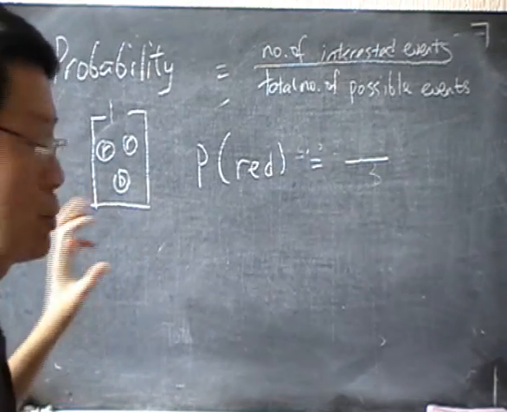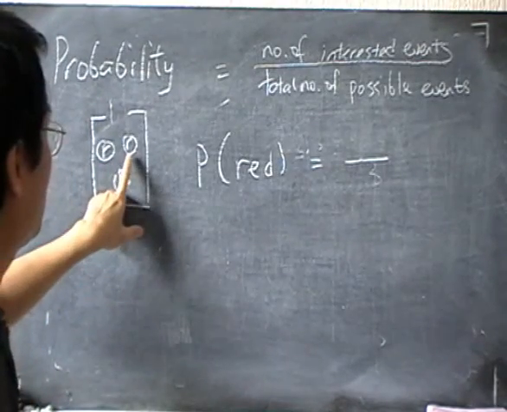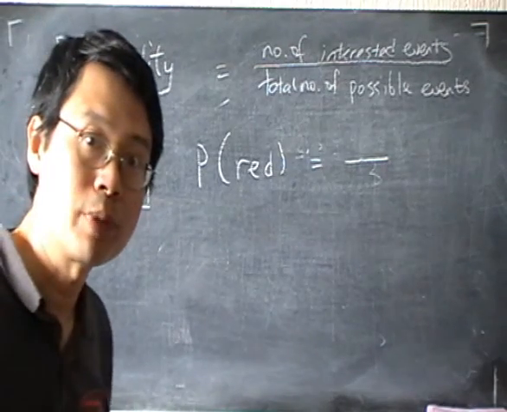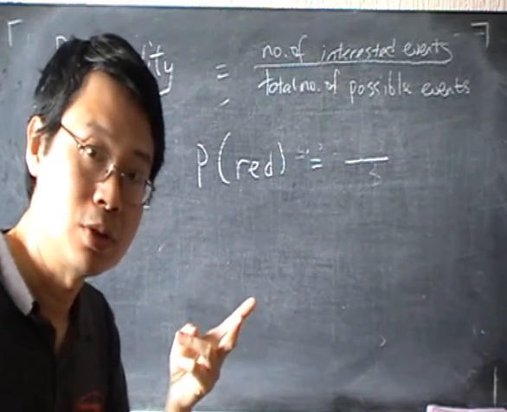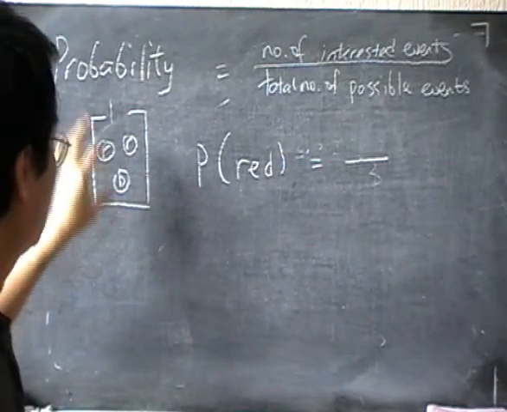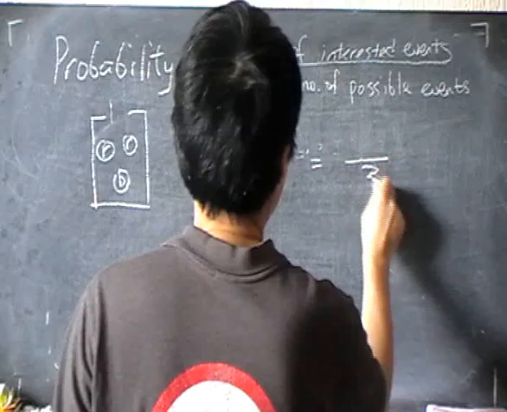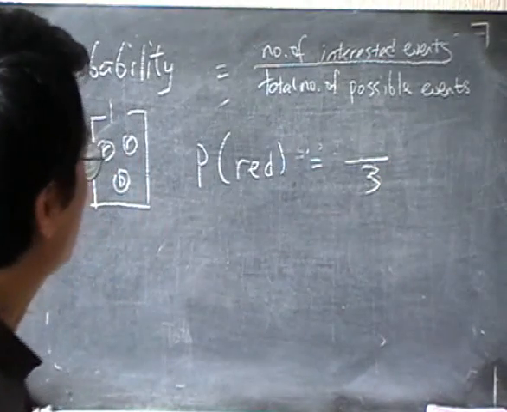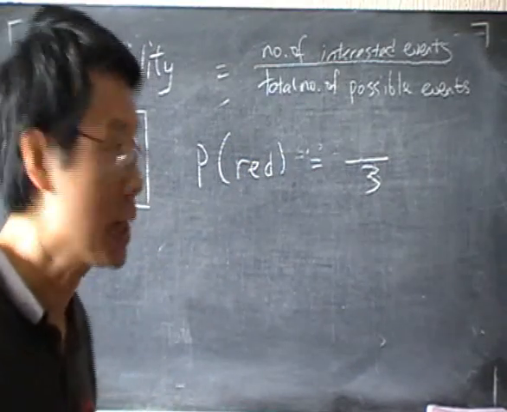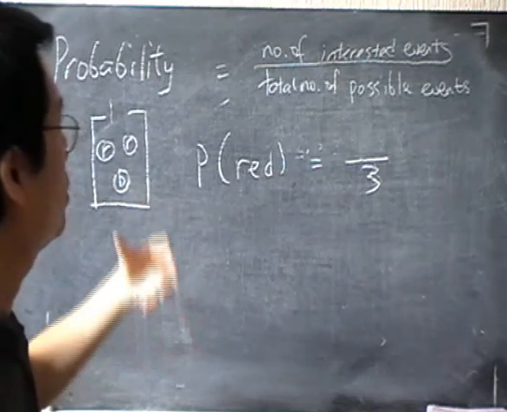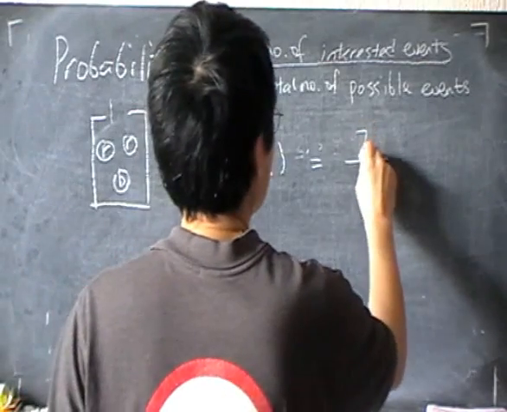Okay, so in fact, if you are picking them blindly, it is actually more likely that you pick a red ball than a blue ball, because there are 2 red balls. So you should really count the 2 red balls as 2 events, okay, and not just 1 event, because 1 is red, 1 is blue. So there are actually 3 possible events, because there are 3 balls, and of the 3 events, we are interested in the red balls, picking a red ball. And the number of red balls is 2. So 2 is my number of interested events.